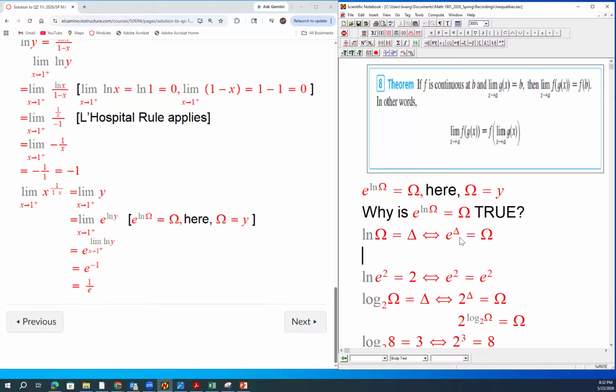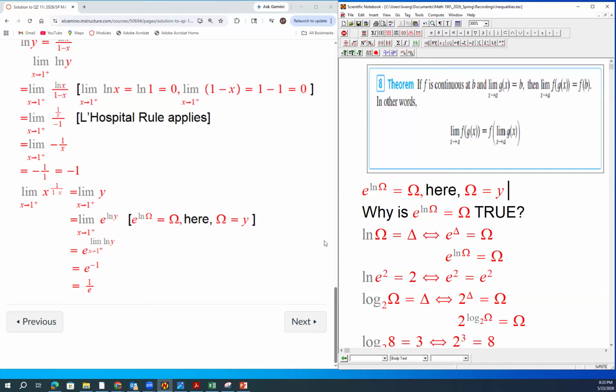Now we do the same thing again: triangle is replaced by its equal, which is ln omega. So that's where this identity comes from.